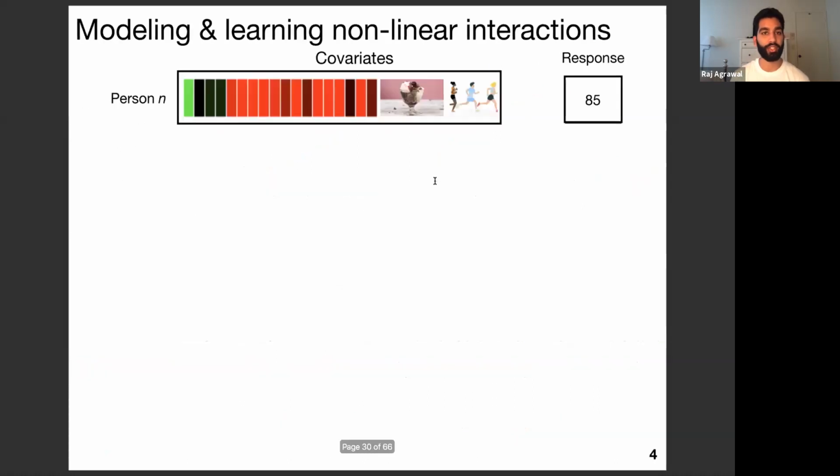So how are we actually going to model nonlinear interactions? Let's generalize the problem we had before and call each of our covariate dimensions from 1 to P, and let the superscript denote data point n and the response y.